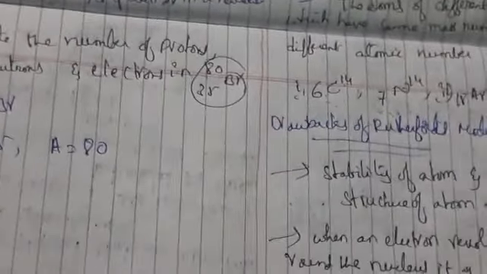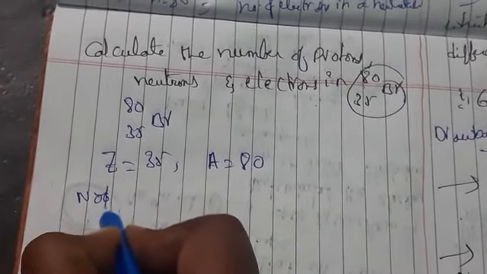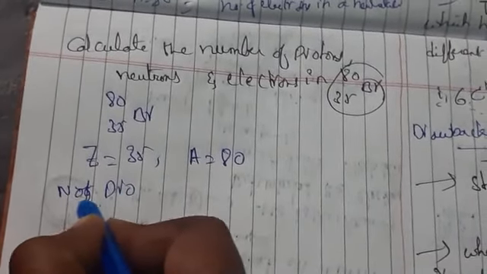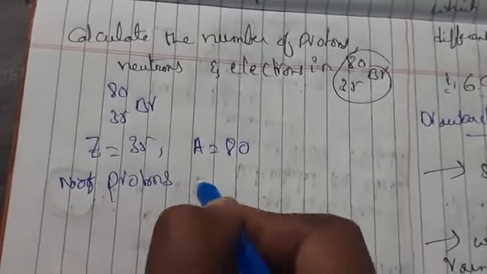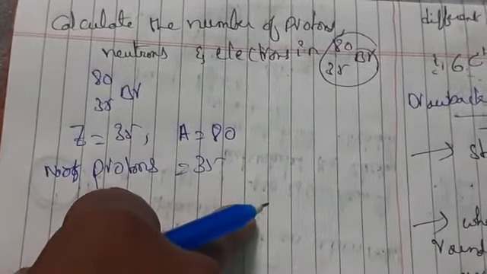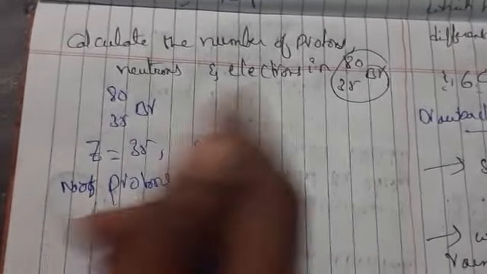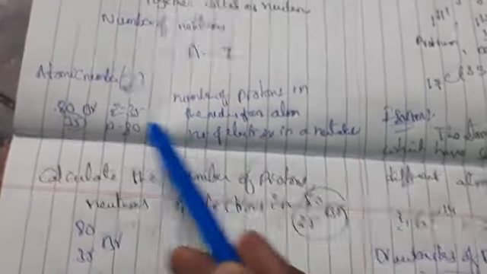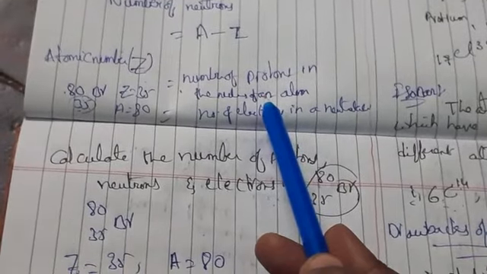According to the definition, the number of protons is equal to the atomic number, so the number of protons will be 35. The atomic number Z is the number of protons in the nucleus of an atom and also the number of electrons in a neutral atom.